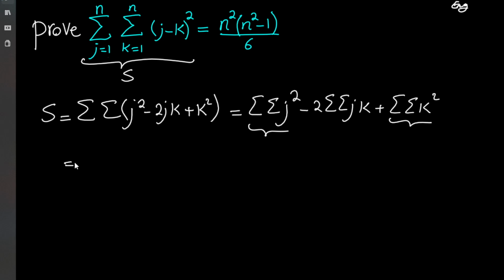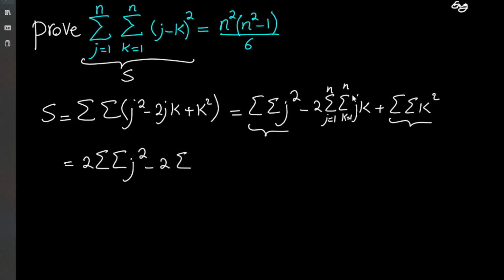So one thing I can do is simply say 2 times sigma sigma j squared, minus 2 times sigma sigma jk. Of course, one of these is sigma from j from 1 to n, and the other one is from index k from 1 to n.